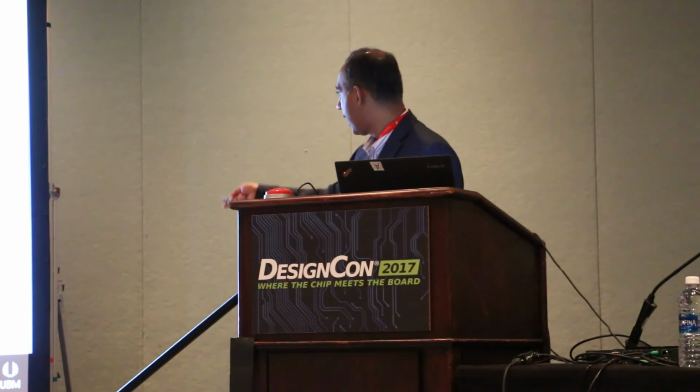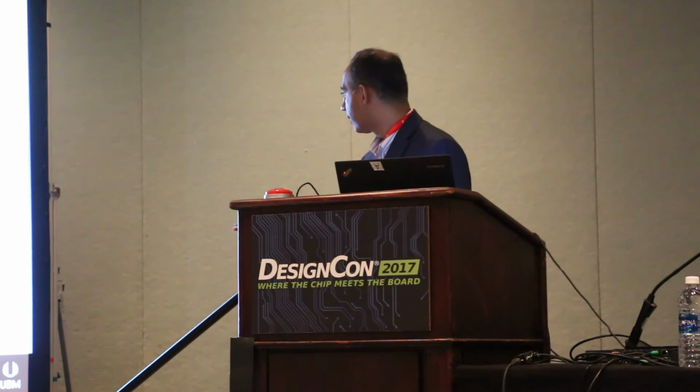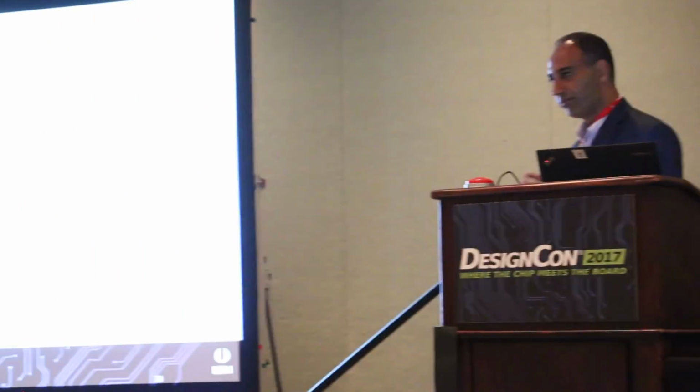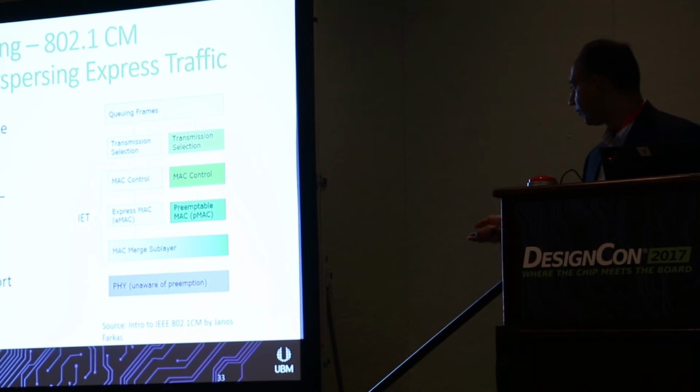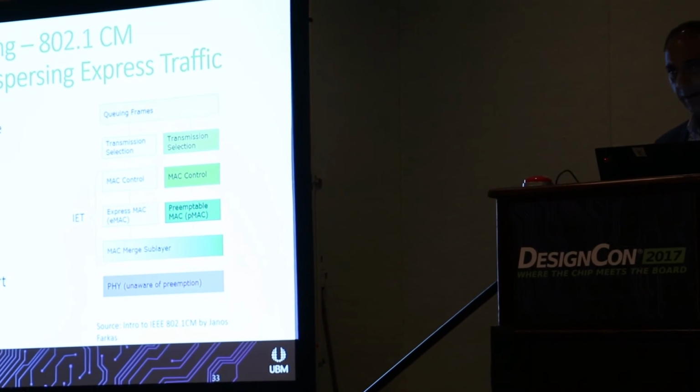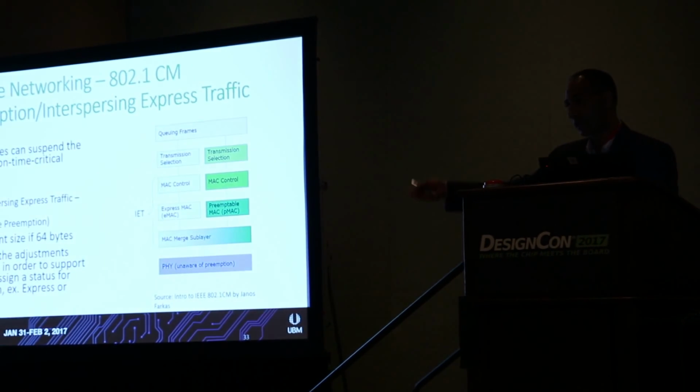You stop that frame and you let your express traffic go through, which means you need to have two MAC layers, one for express traffic, one for preemptible traffic. And then there is this MAC merge layer that takes care of merging. So this is one of the things that is already part of 802.1CM, and then there are other things also in consideration, and that standard is evolving as we speak.